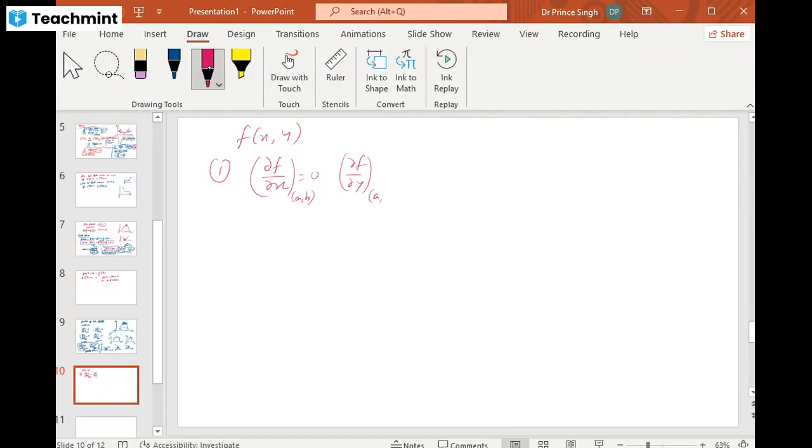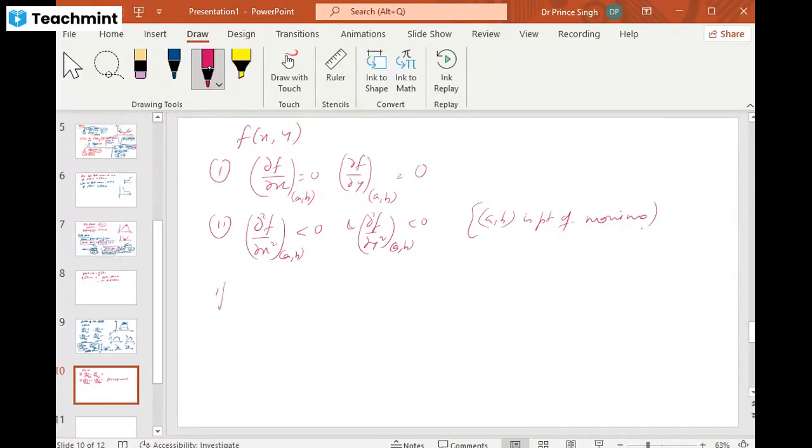It will give us a point x and y equal to (a,b), meaning the derivative of the function at the point (a,b) is 0. And second, if the second order derivative ∂²f/∂x² at the point (a,b) is less than 0 and the second order derivative ∂²f/∂y² at the point (a,b) is also less than 0, then we can say that (a,b) is the point of maxima.